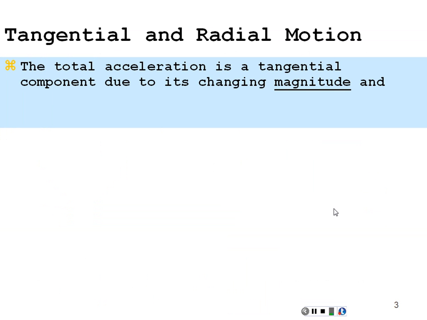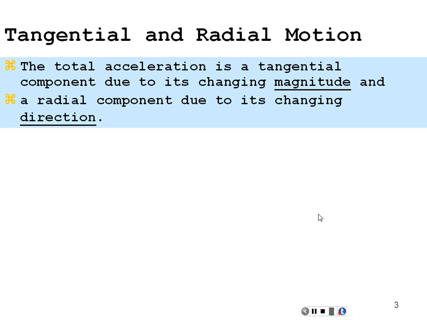So we have two accelerations. Our total acceleration will be the vector sum of these two. One is a tangential acceleration due to our change in magnitude, and the other one is a radial acceleration due to our changing direction.